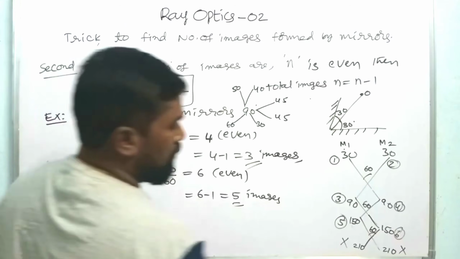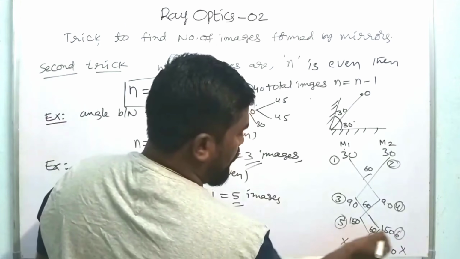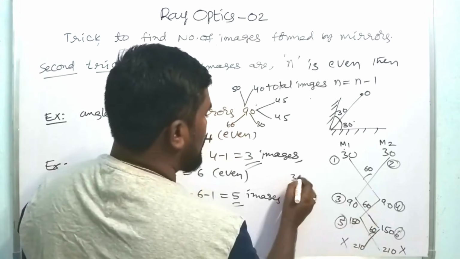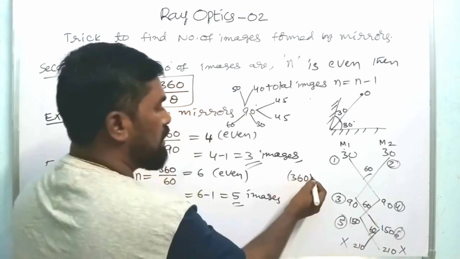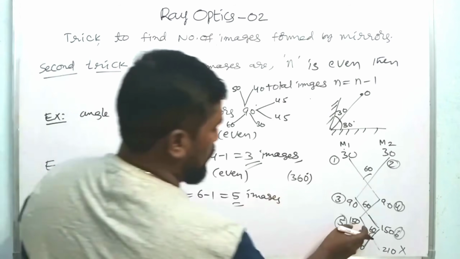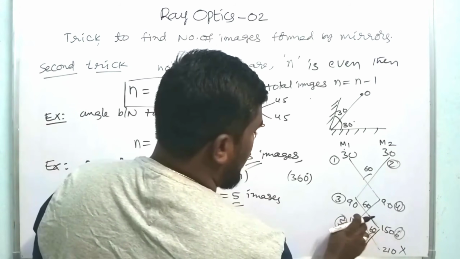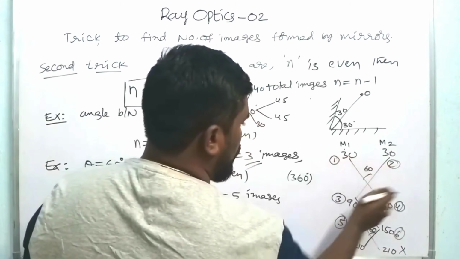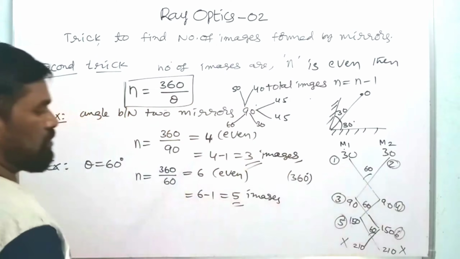Why? Because 150 plus 150 is 300, and plus 60 is 360. If the total angle is 360 degrees, then the images are overlapping each other, then two images are combined and make one image. Then the total number of images is 1, 2, 3, 4 and 5. So this is the 5.